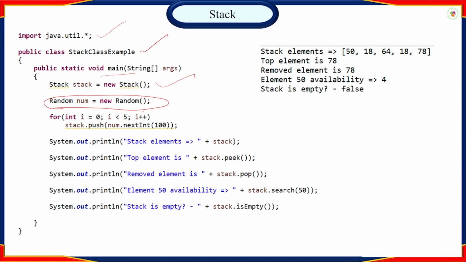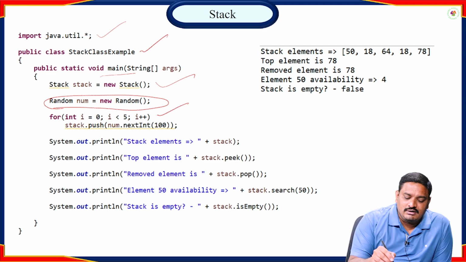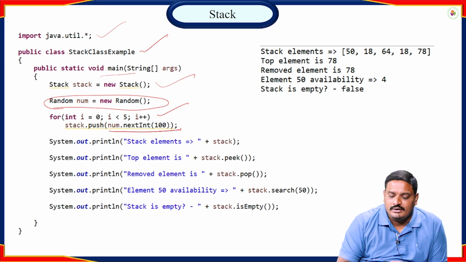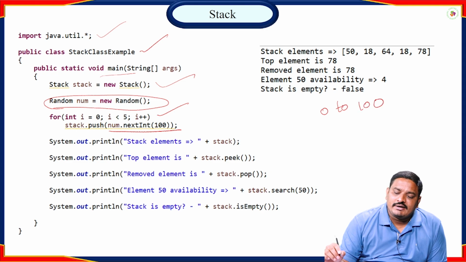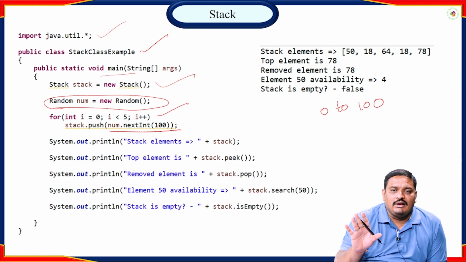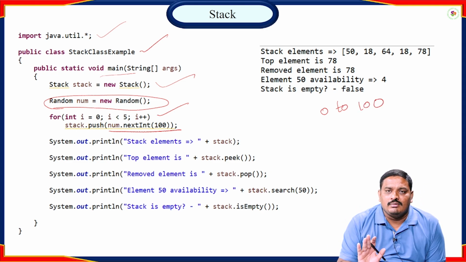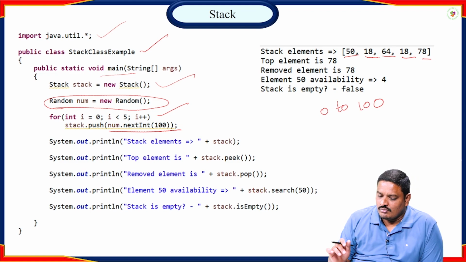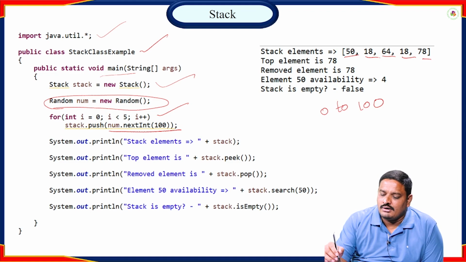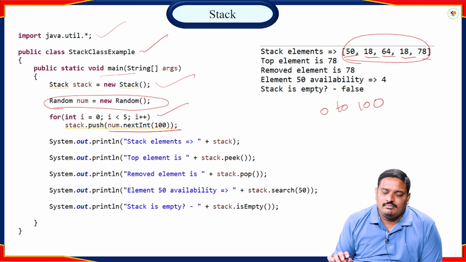A for loop, for int i equal to 0, i less than 5, i plus plus, pushes elements in the range 0 to 100. We are taking 5 random elements. These 5 elements are 50, 18, 64, 18, 73. Okay, 5 elements from 0 to 100 are picked randomly.